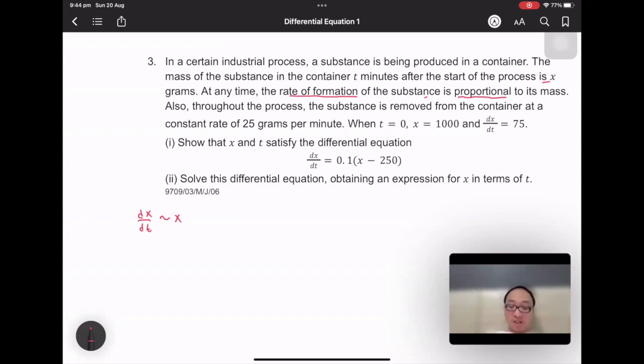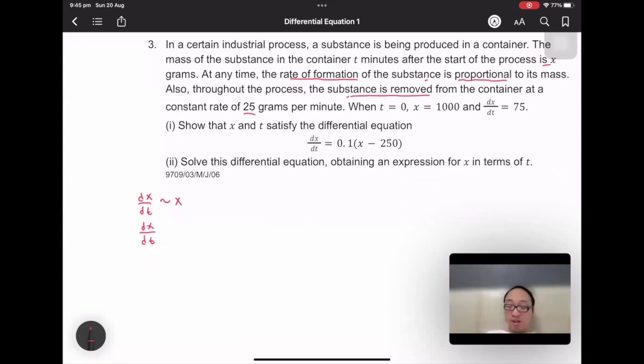But at the same time, the substance is removed at a constant rate of 25 grams per minute. So that means there is an amount being removed at the constant speed of 25.